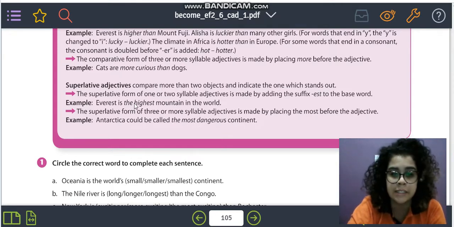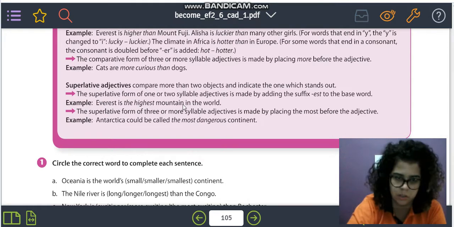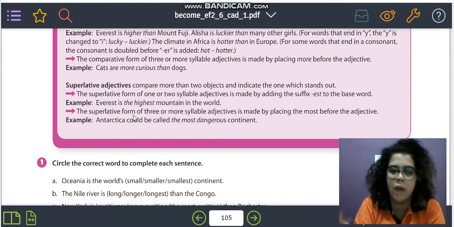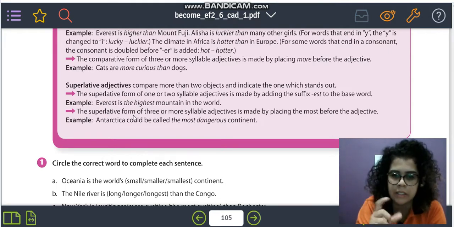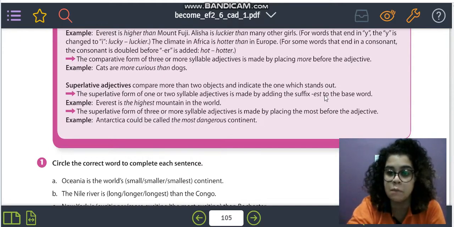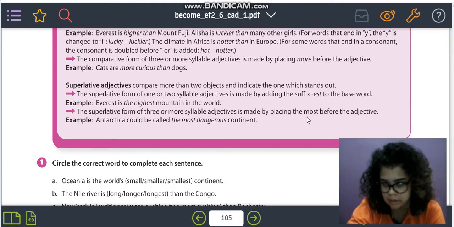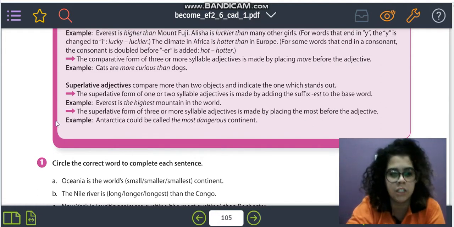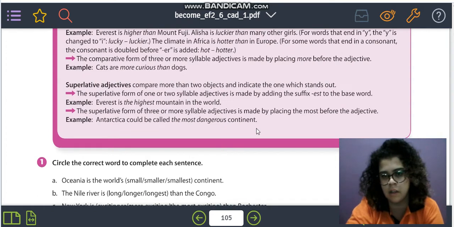So Everest is the highest mountain in the world. And when it's a longer superlative adjective, we are going to place most before the adjective, like Antarctica could be called the most dangerous continent.